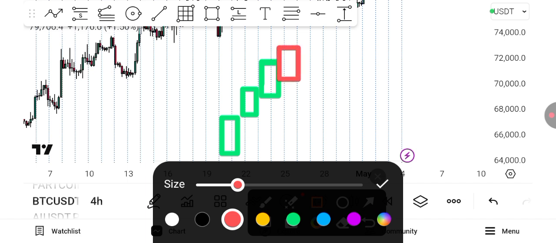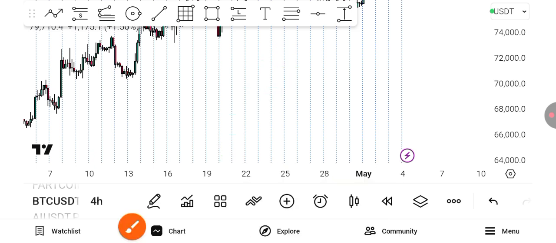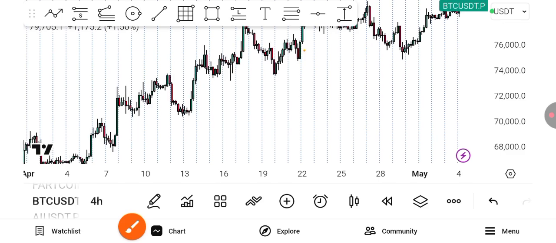Okay, so buyers are in control of the market, and when they were buying, the sell candle just appears and closes, and also broke the strength of the buyers. So now we have the sell setup. In fact, let's go to the chart. So I'm going to show you properly how it is on the chart.